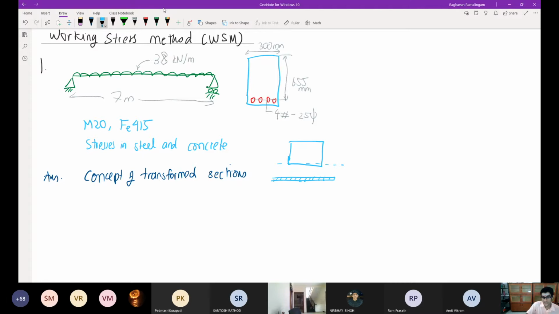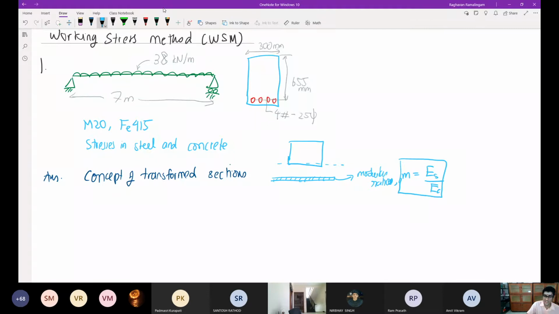Okay, by using your modular ratio, which is nothing but the Young's modulus of steel by, no, very simply speaking, it is this.